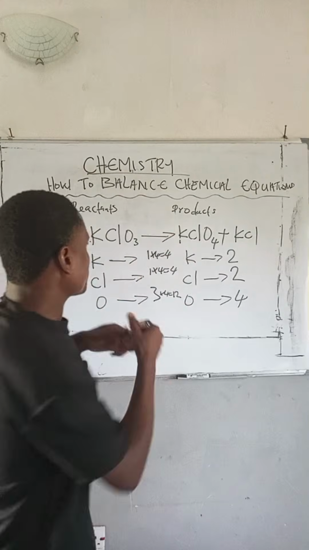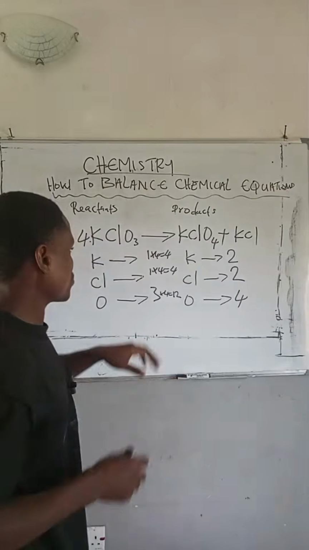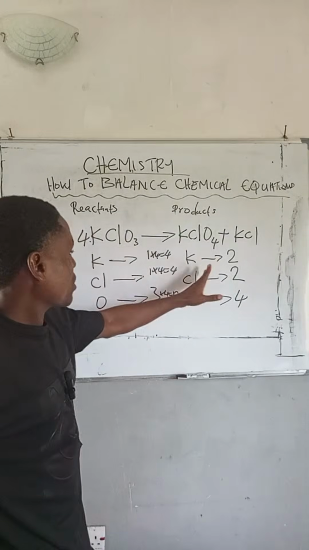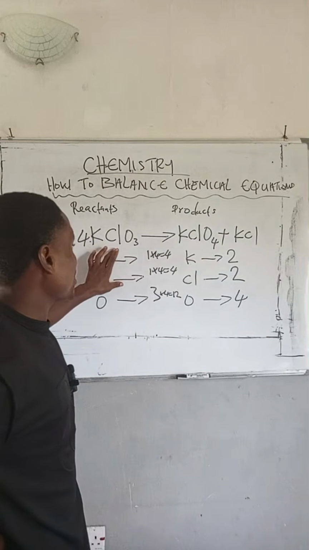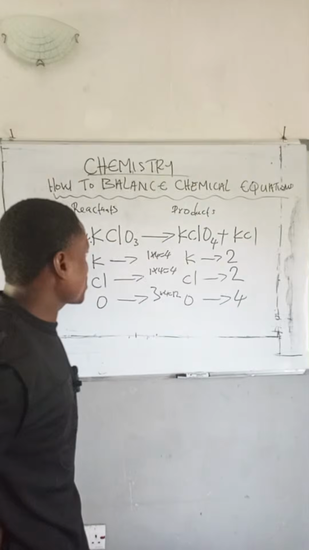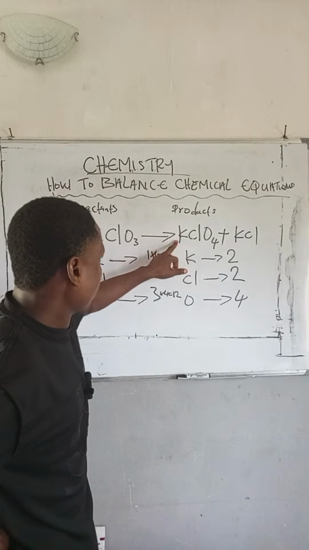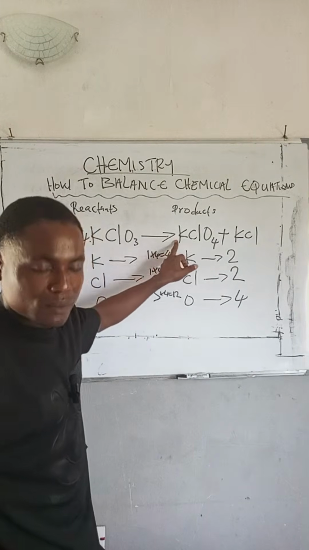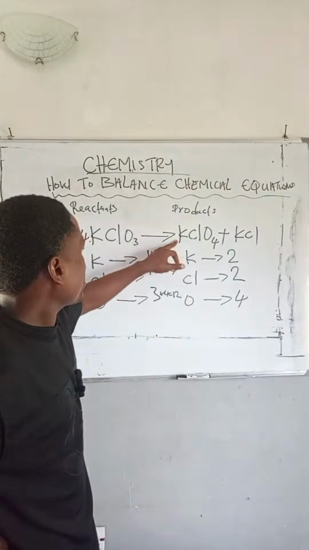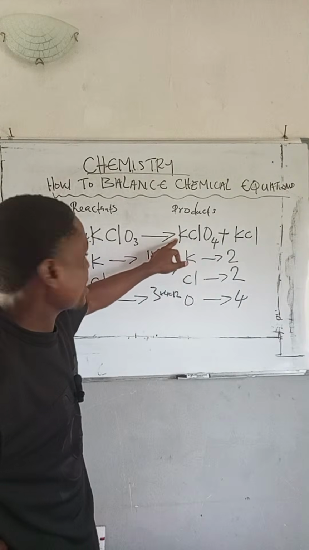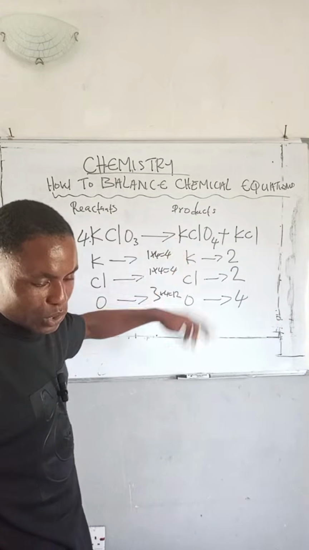Okay, let's try to think what number we are adding here so that the atoms on the right side will balance the ones on the left side. If we introduce 3 here, are you getting it? Just comment first.